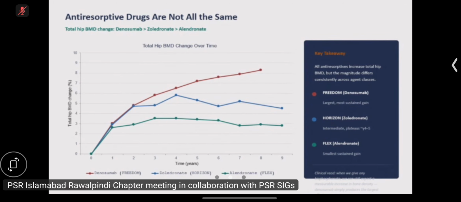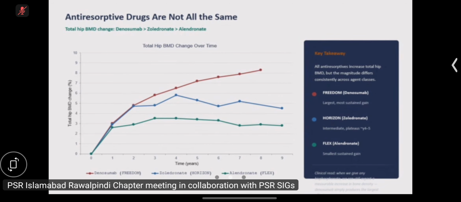Here again, through the results of different famous trials like the FREEDOM trial, HORIZON trial, and FLEX trial, we know that while all anti-resorptive drugs increase total hip BMD, the magnitude differs consistently across agent classes. It has been seen that the largest gains are seen with denosumab, followed by zoledronic acid, followed by alendronate.